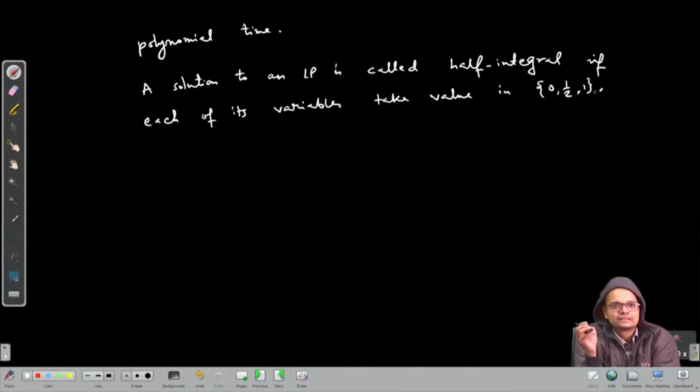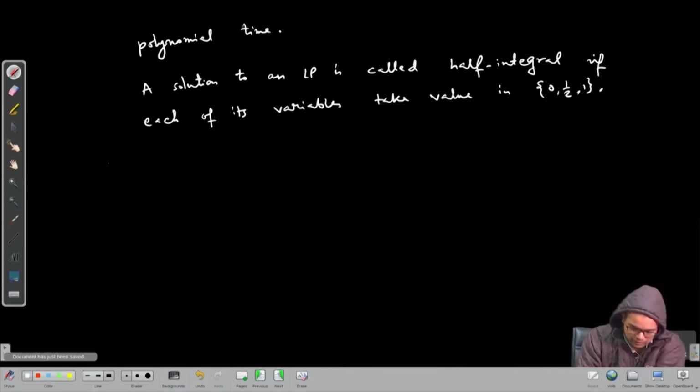The claim is that for vertex cover, all extreme points of the LP are half integral. In particular, those extreme points which are optimal solutions are also half integral.